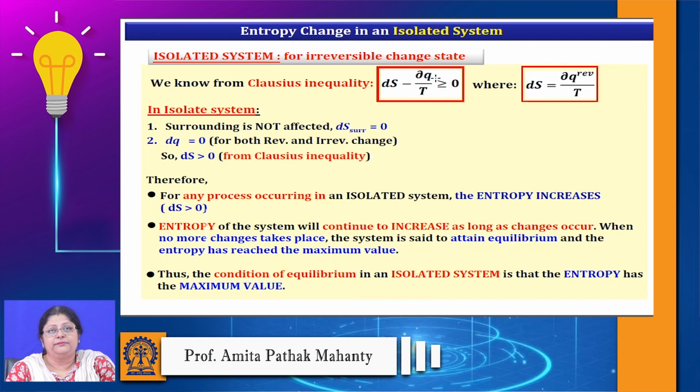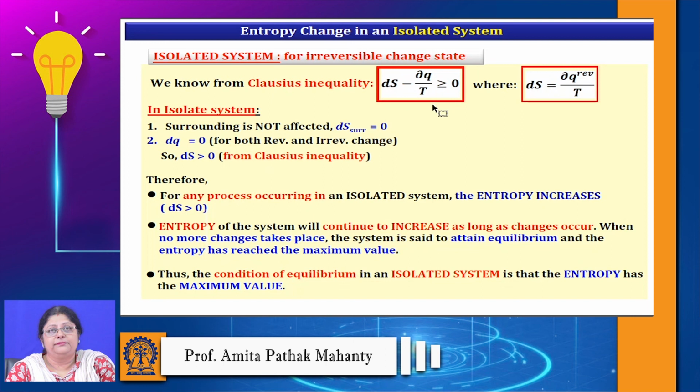So from that I can say that the entropy change which I associate is dq reversible by T. If I replace that in that expression, then the maximum value it can have is going to be 0. So 0 minus something will always be greater than or equal to 0, and it becomes equal to 0 when dS is equal to dq by T.